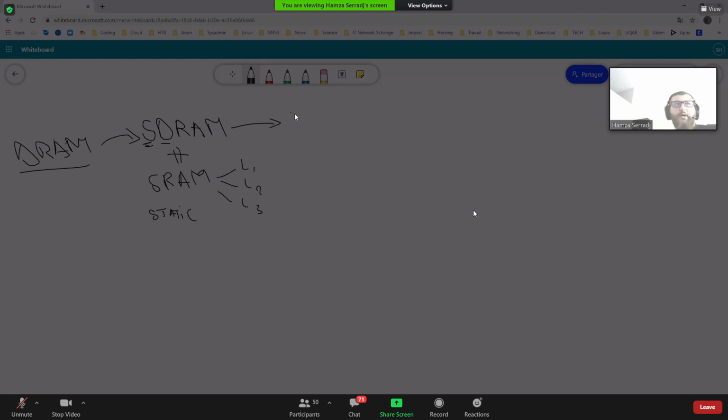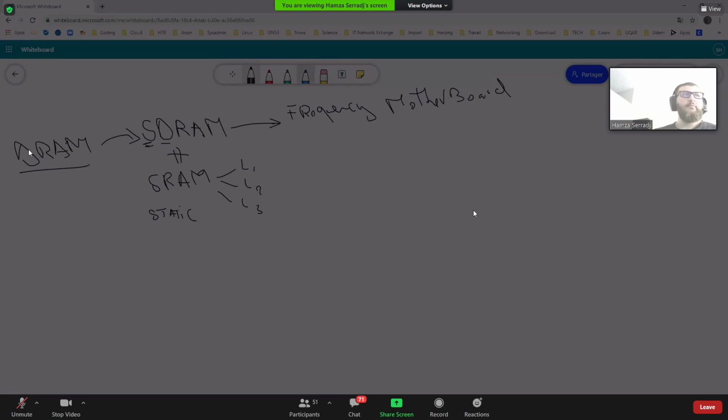So this one has the same frequency of the motherboard. It's synchronized with the frequency of the motherboard before working. All right, so it gives us much better management of reading and writing, and of speed.